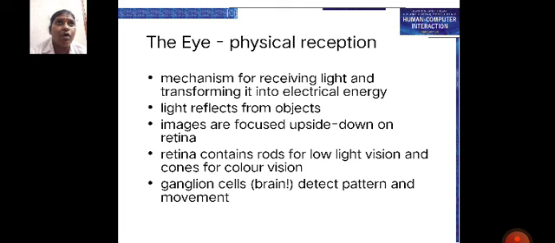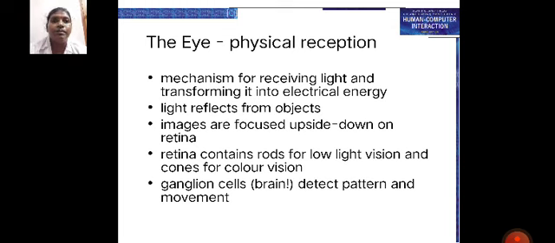The image is always upside down on the retina, and then the brain lets us see it straight.